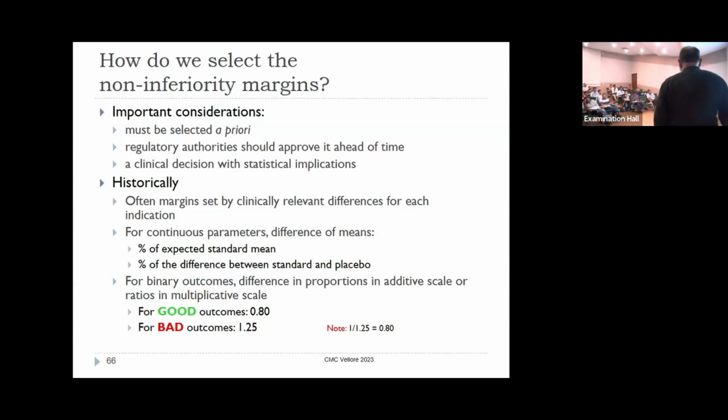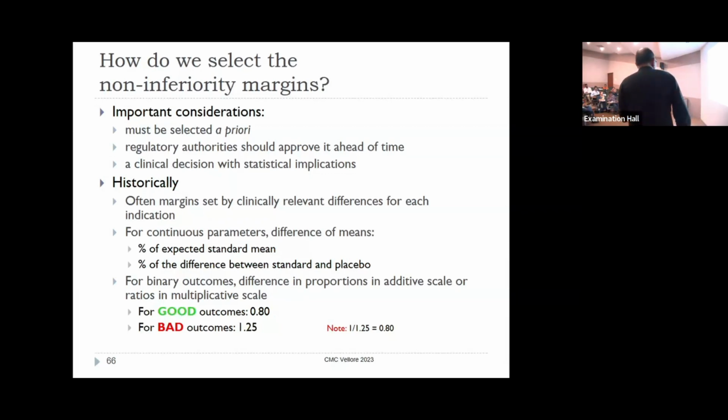But most of the times people are looking at binary outcomes, difference in proportions or ratios in a multiplicative scale. And the US FDA had said that the margin should be for good outcomes 0.8 and for bad outcomes 1.25. That's what they originally said that they should do.